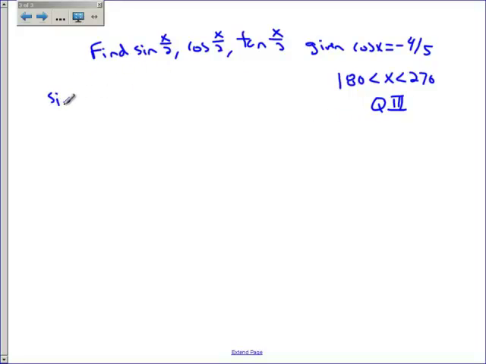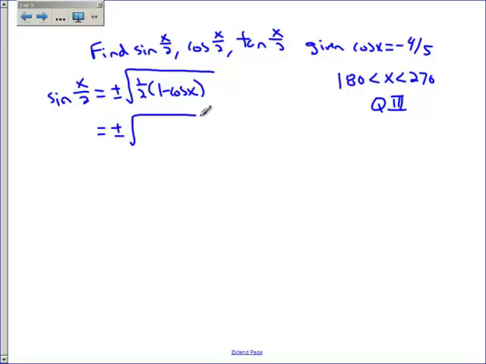So I'm going to start with the sine of x over 2 formula, and that sine of x over 2 formula is plus or minus the square root of 1/2 times 1 minus cosine x. I'm given cosine x, so this is just throwing it straight into the formula.